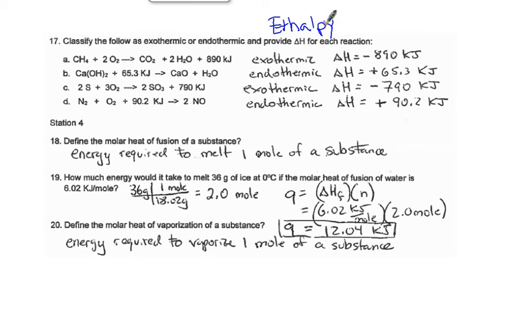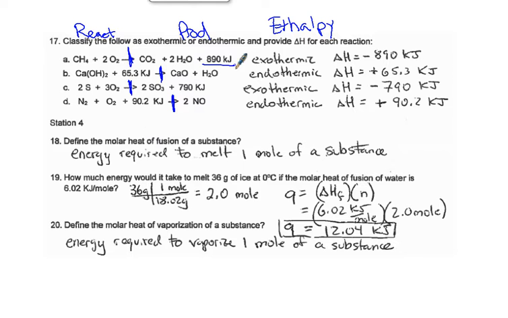In these reactions, we have reactants on one side and products on the other side, separated by the yield sign or arrow. In A, these reactants are coming together to make carbon dioxide, water, and energy.